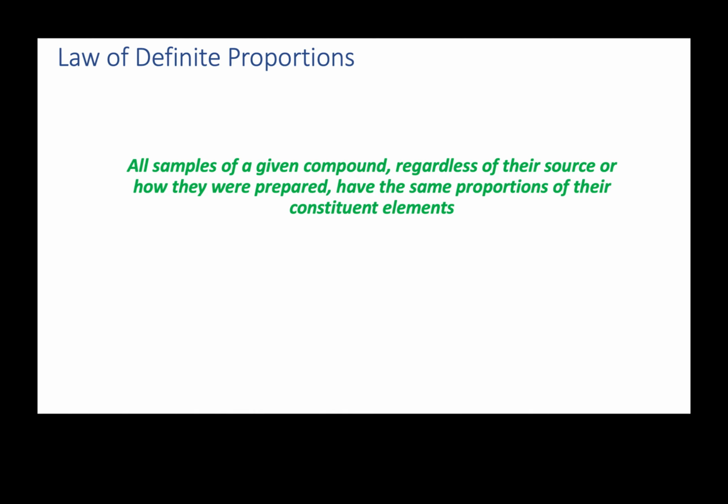We then have the law of definite proportions, which states that all samples of a given compound, regardless of their source or how they were prepared, have the same proportions of their constituent elements. Okay, so what does that mean? That's just your textbook definition of the law of definite proportions.